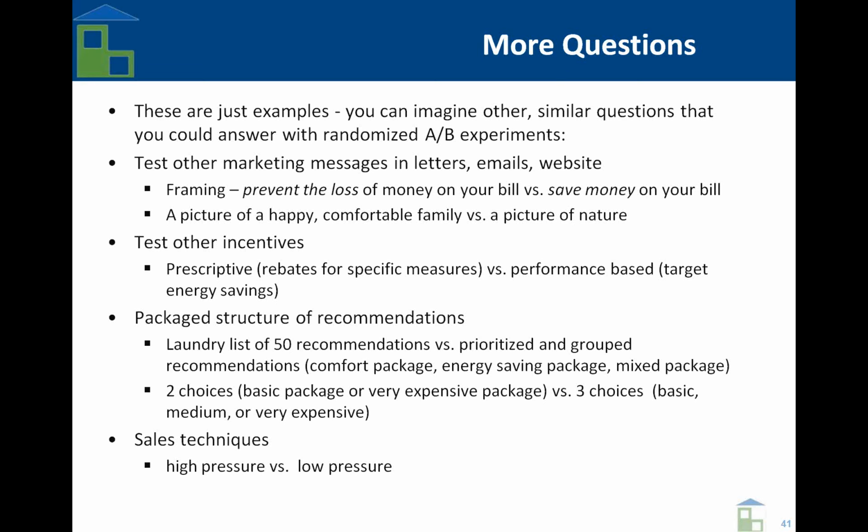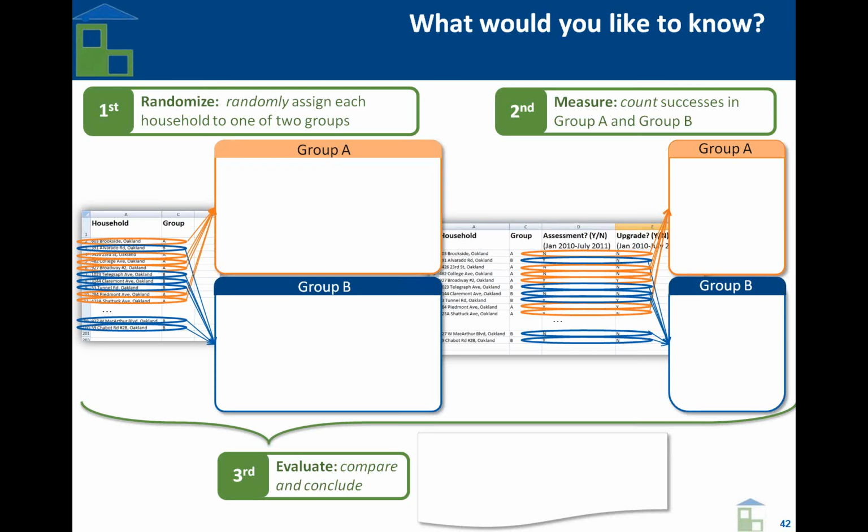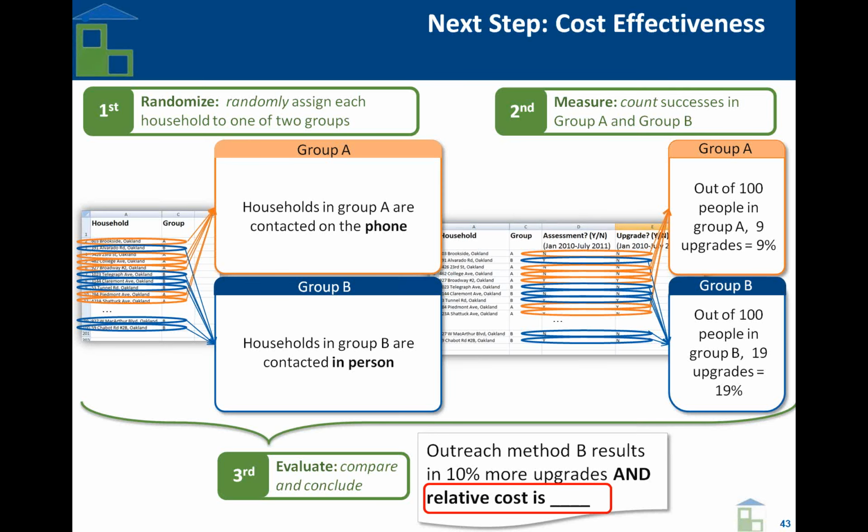And obviously there are a lot more things that you could test. So just figure out what you'd like to know and how you think you could make your program better, and then you can just do this simple A/B test. So just fill in your own question. And of course, we care about outcomes, but we also care about cost effectiveness.